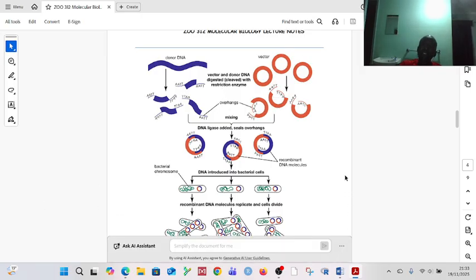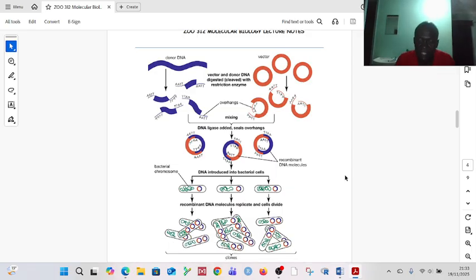The same restriction enzyme you use to digest the donor DNA is the one you will also use in cutting the vector, because you want the gene that you've gotten to be put into a vector. Then the vector can help you carry that gene into the host cell.